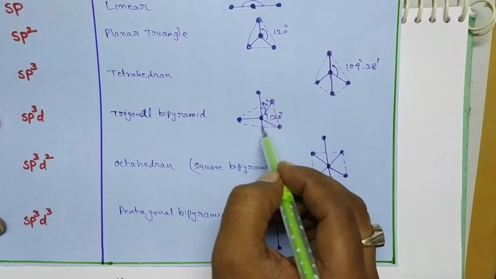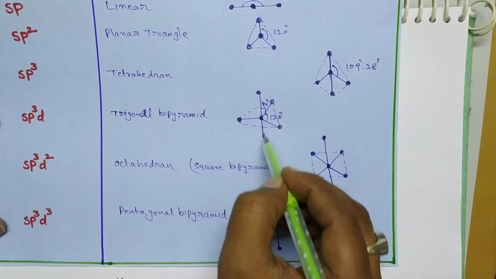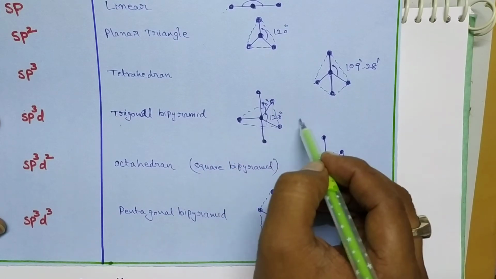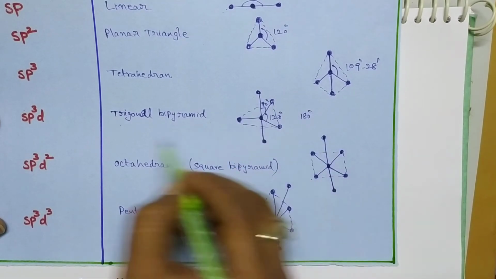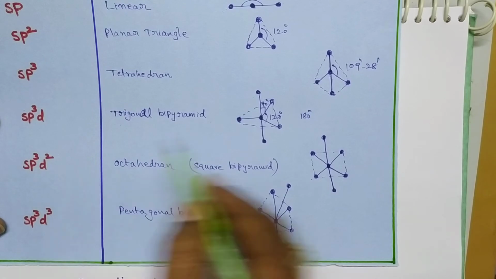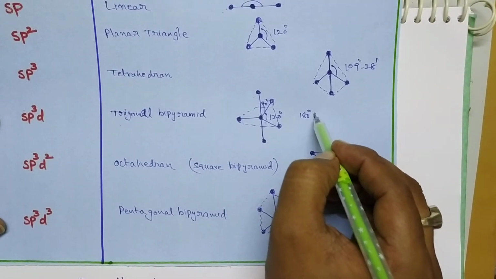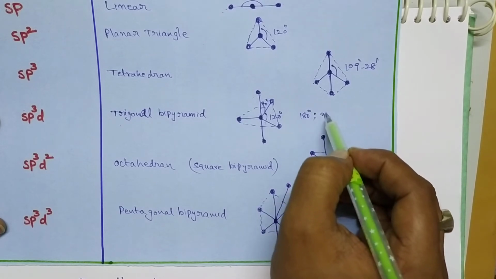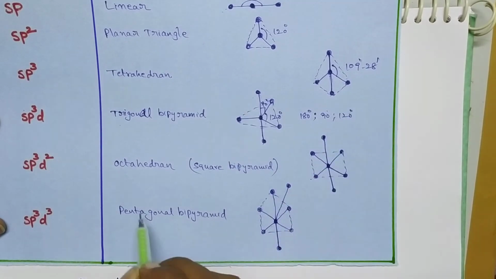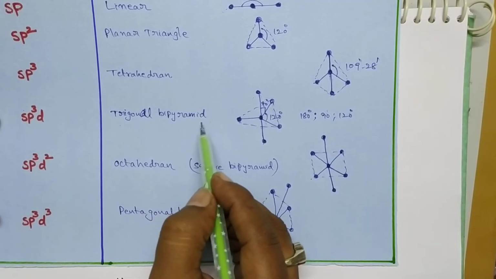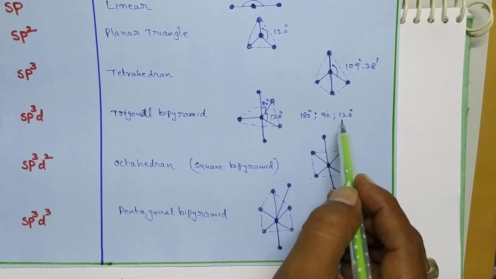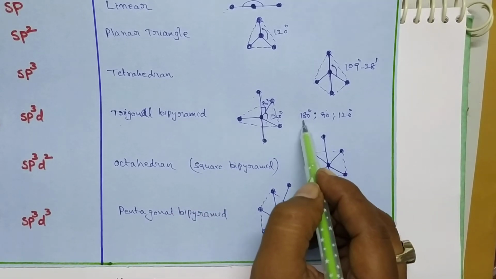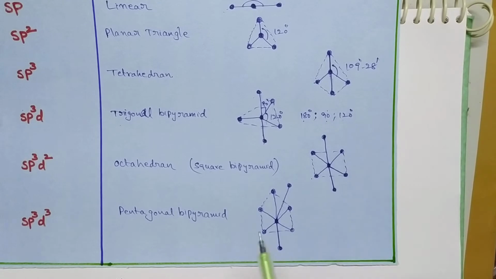Here also 90 degrees, and the bond angle between these two bonds is 180 degrees. So in case of trigonal bipyramidal structure there are 3 types of bond angles: 180, 90 and 120 degrees.